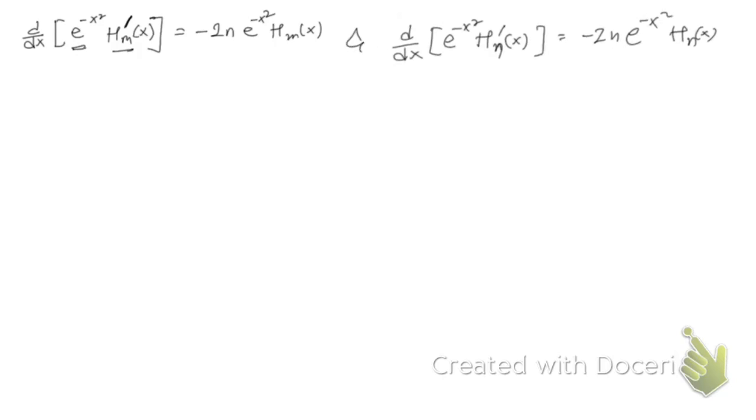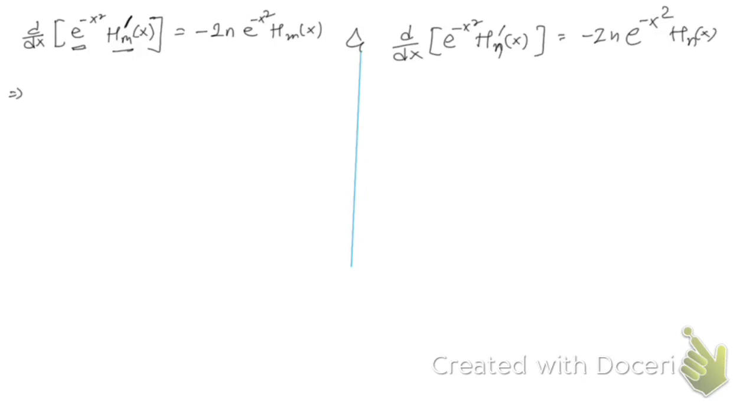Now what we can do here, you see, we're going to multiply Hn of x on both sides of this equation and Hm of x on both sides of this equation, right? So first, let me continue here.